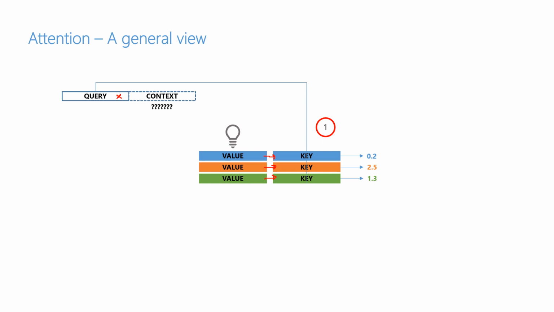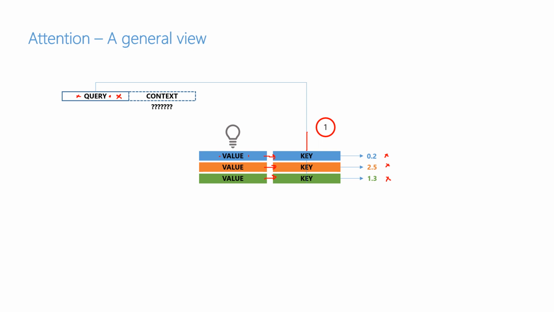So somehow we can make the query interact with all of the keys, and for each key we are able to derive a score that tells us how relevant is this value for this query, how helpful is this value in processing the query.